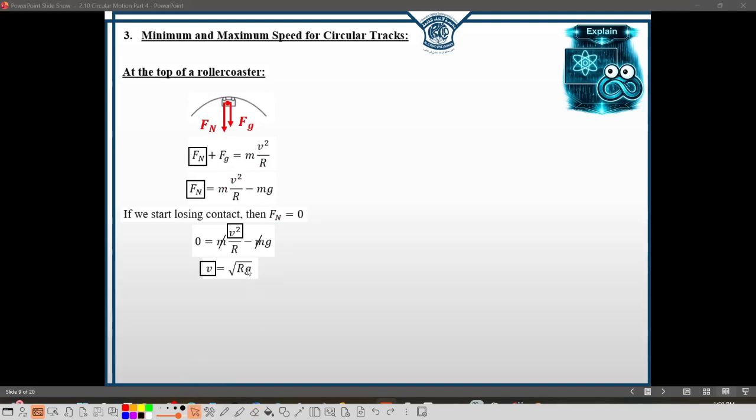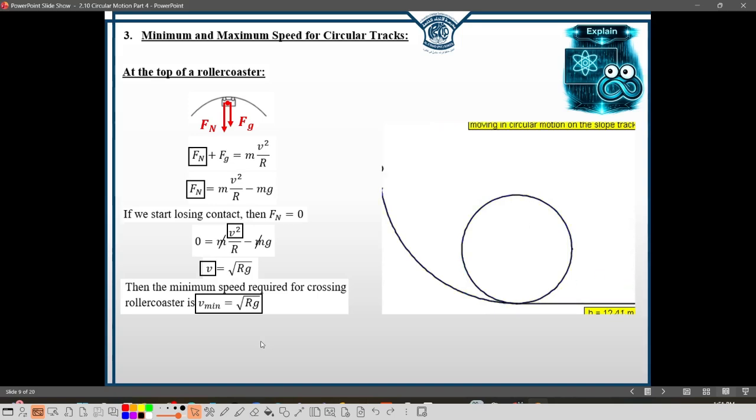Now, what does this formula represent? This represents the minimum possible speed on this track. If we have less than this speed, then the object will lose contact. So the minimum possible speed required for crossing the roller coaster is v minimum equals the square root of r times g.